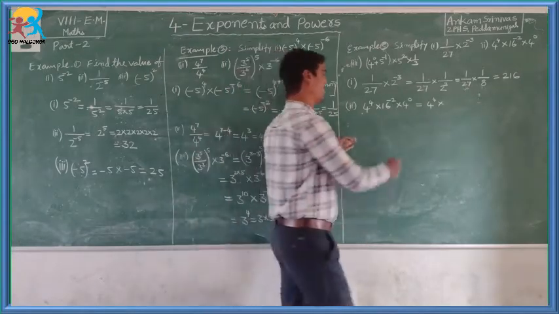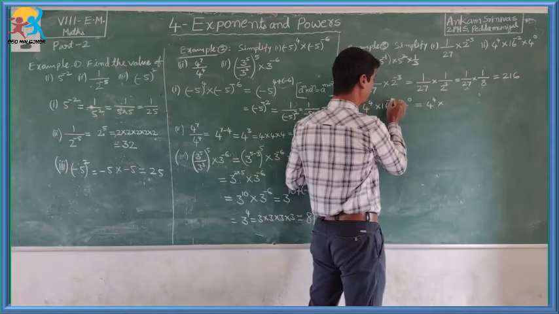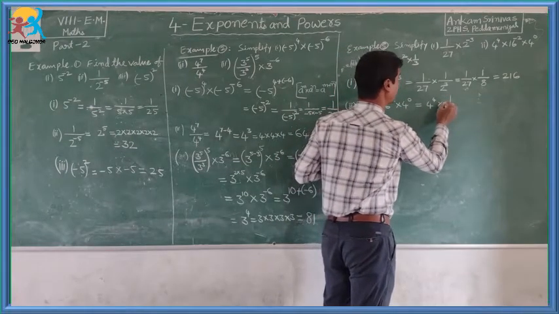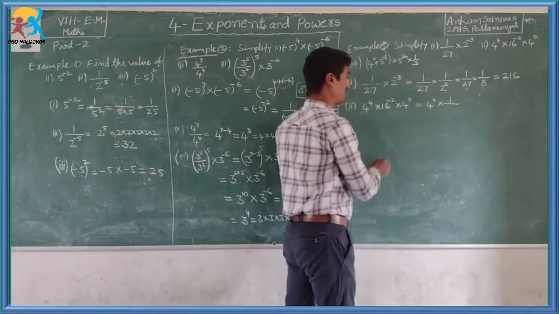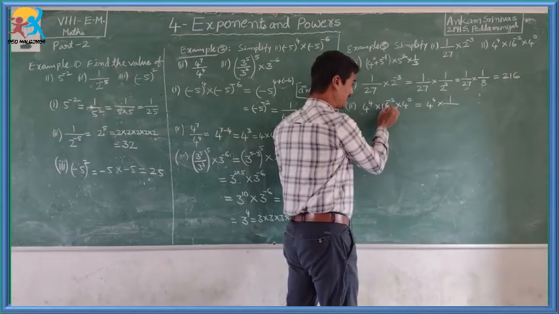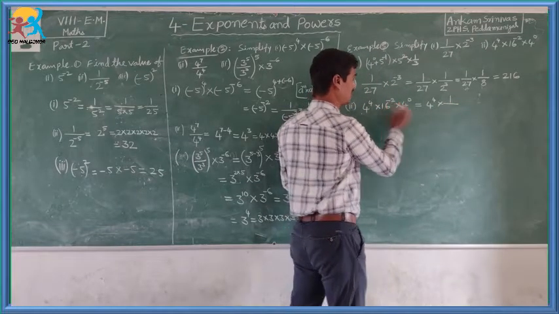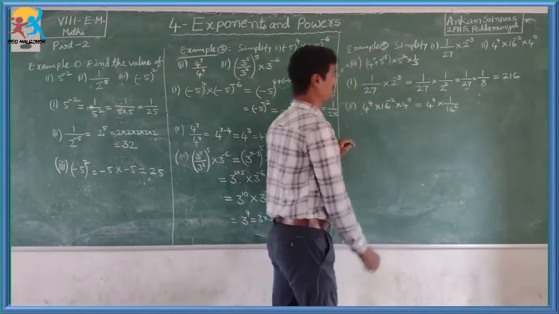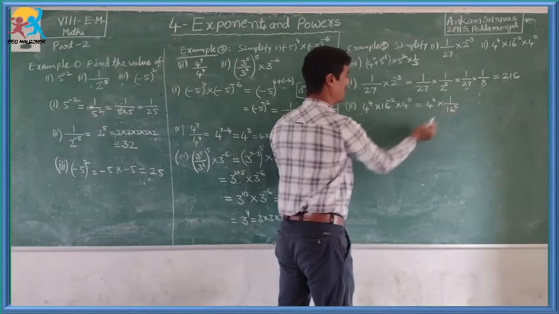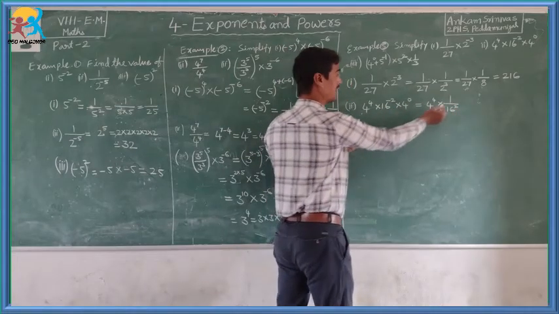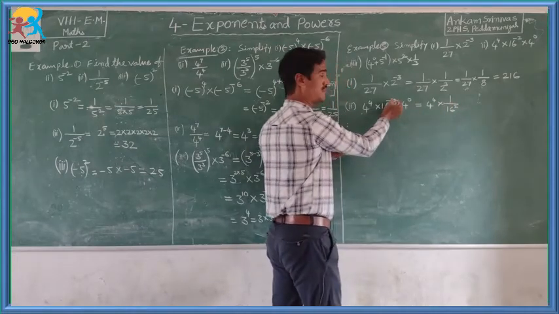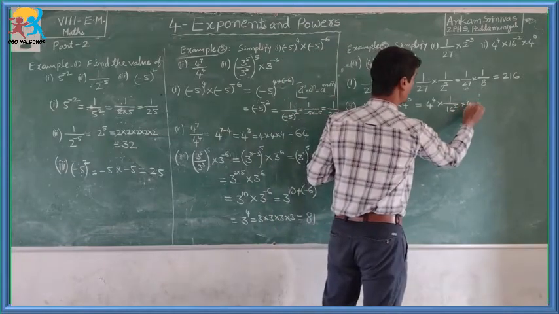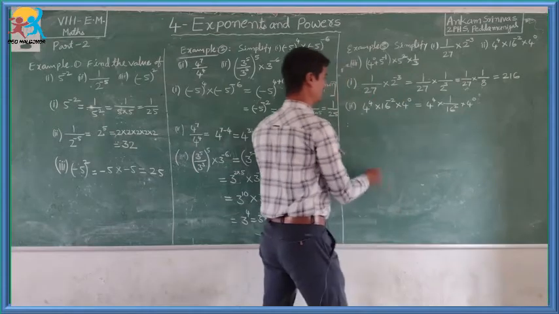We know that when the exponent is negative, we convert it into positive by writing the reciprocal. 16 power 2 means 16 square. I changed the place and wrote the reciprocal of 16 power 2, that means 16 square, into 4 power 0.